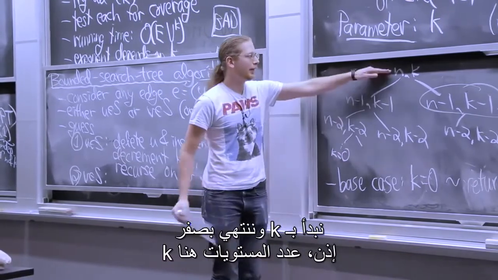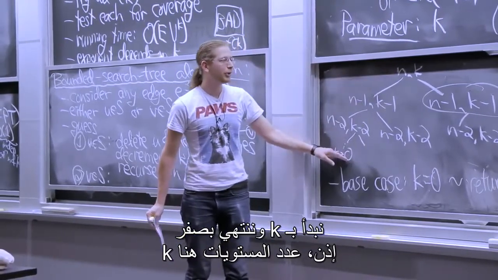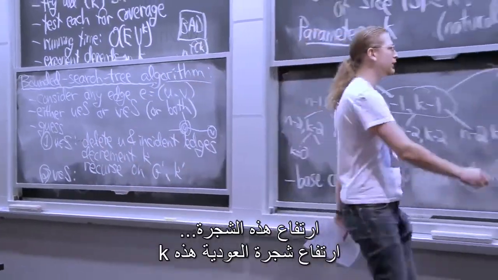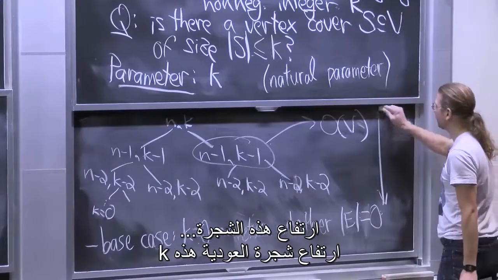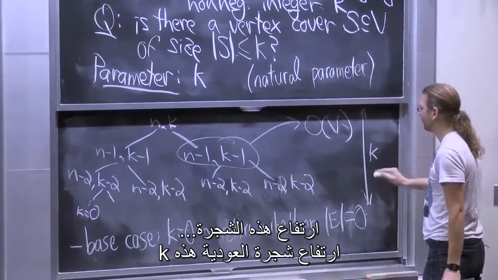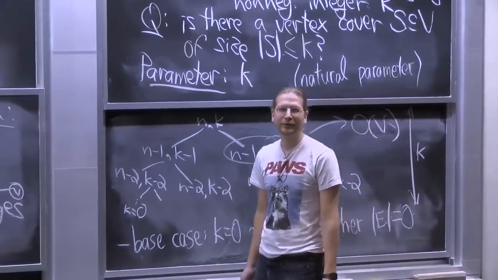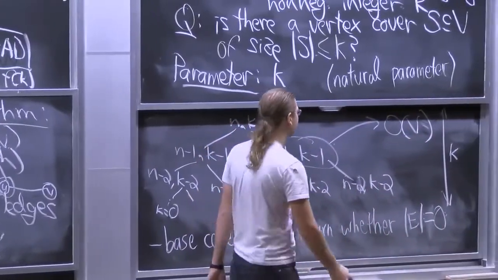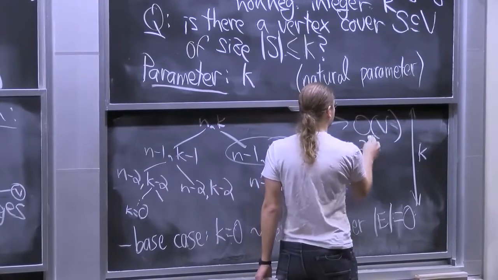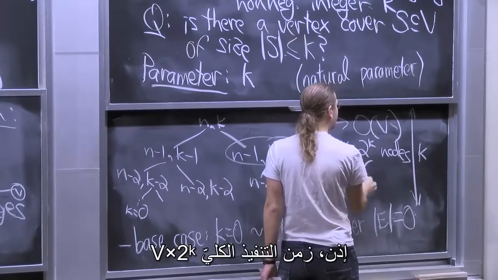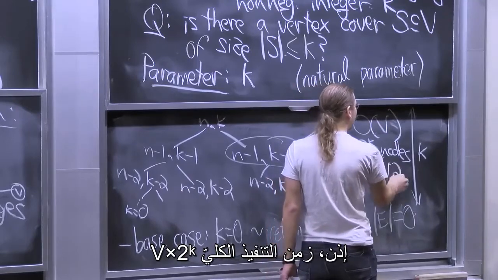We start at k. We end up with 0. So the number of levels here is k. The height of this recursion tree is k. So how many nodes are there in this tree? 2 to the k. So total running time is V times 2 to the k.